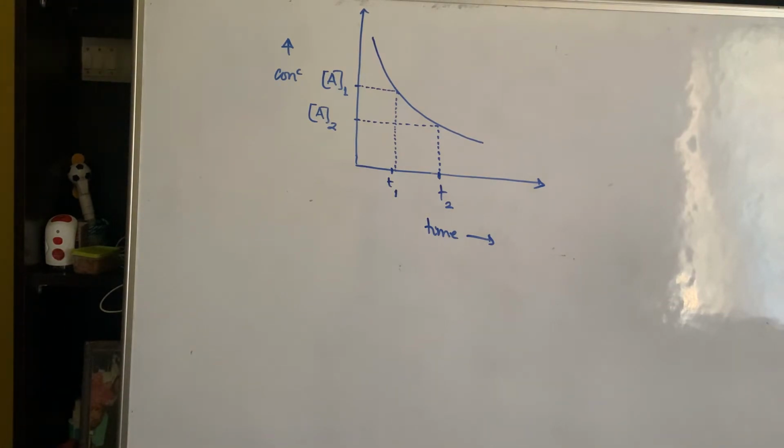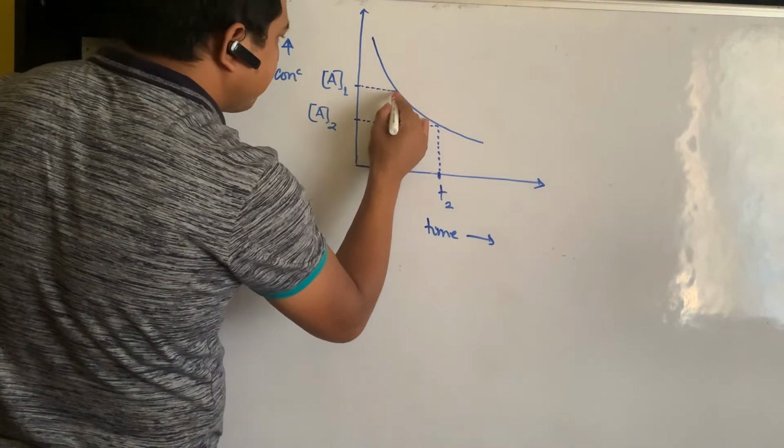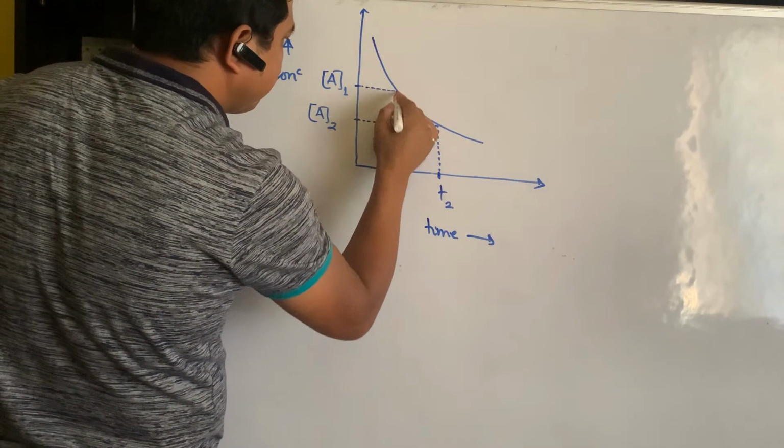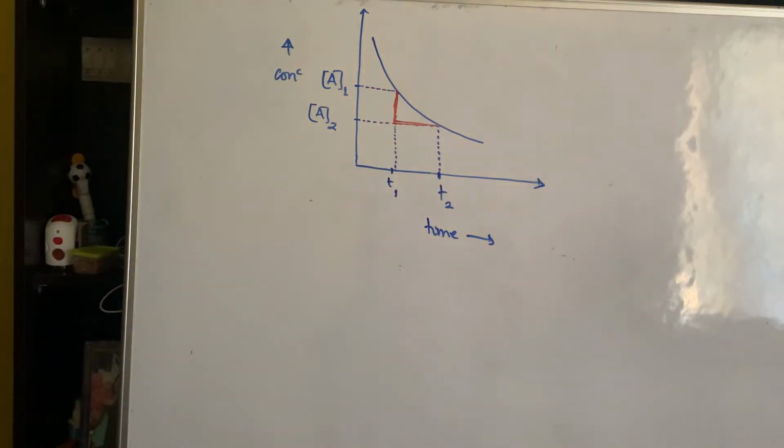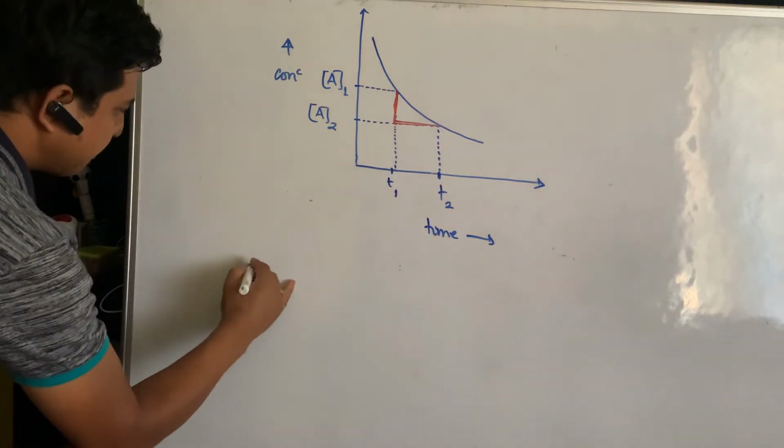So what do you get out here? We get a triangle. And again, I'm expressing the rate. What did we write earlier?